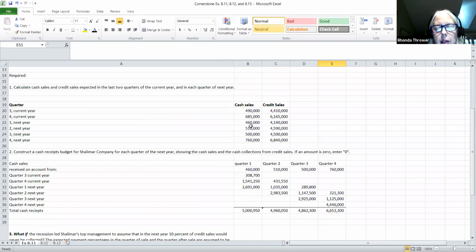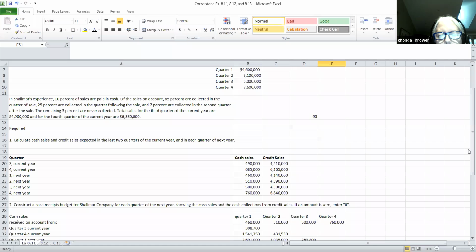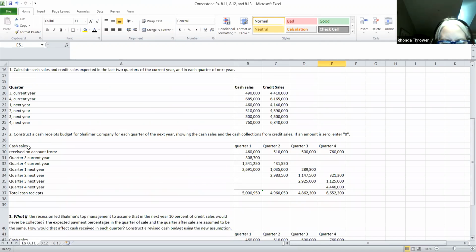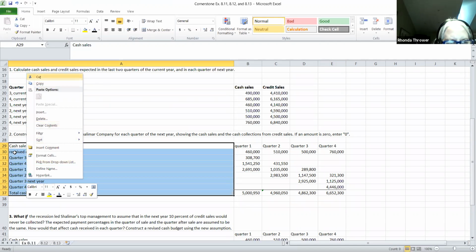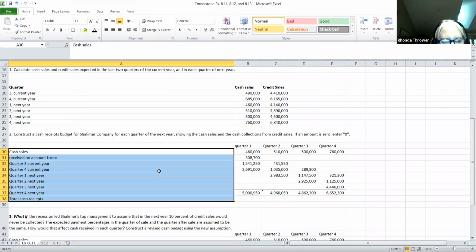So what I did is I plugged in my cash sales in quarter one. I believe I'm off a line here, so hang on just a second. Let me cut that, move it down one line. My eyes are playing tricks on me today.